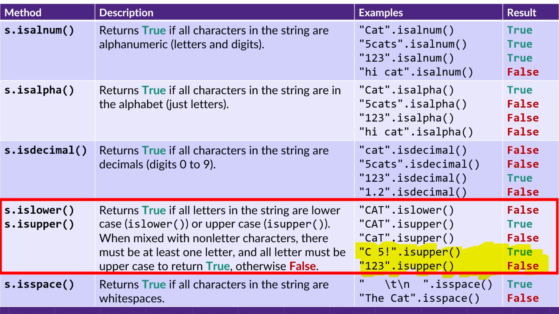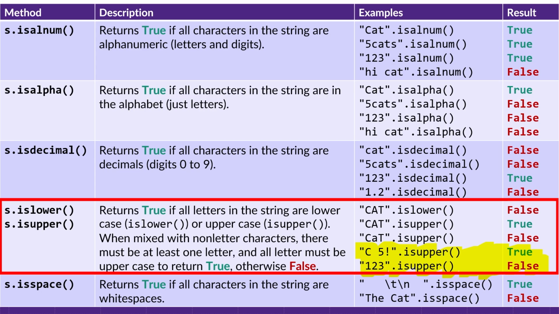In this example, we have capital C space 5 and then exclamation mark dot isupper, and that returns true because there's at least one capital letter and all letters in the string are uppercase. However, isupper on just 1, 2, 3 is false because there are no letters there.